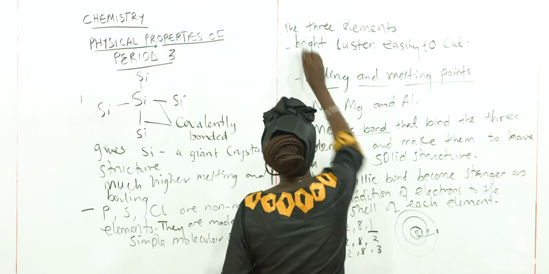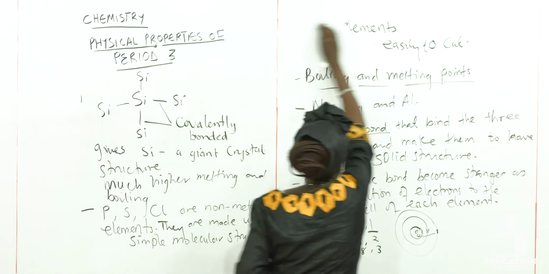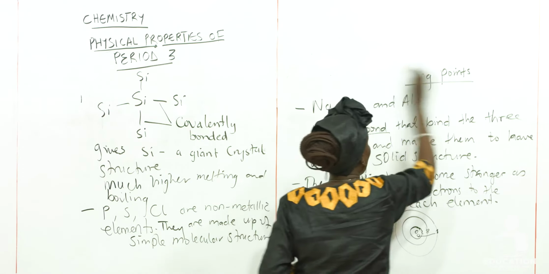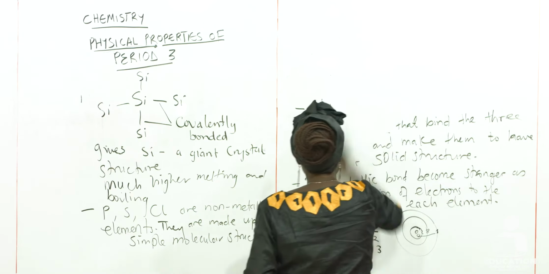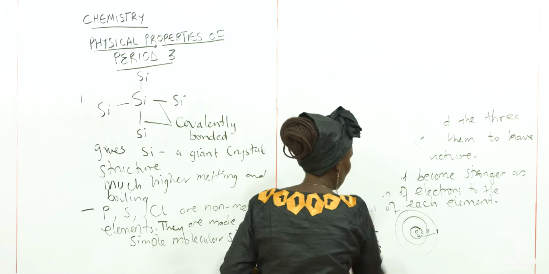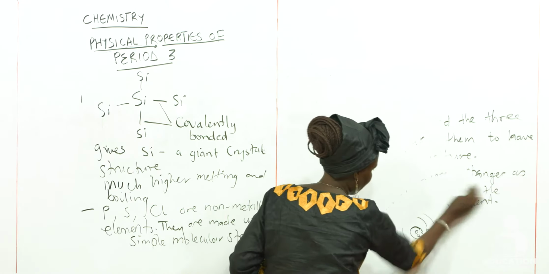So we shall say that this is also covalently bonded, but the covalent bond is much stronger compared to the one of silicon.